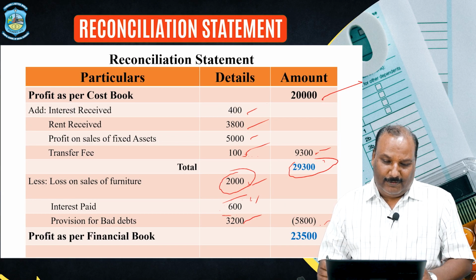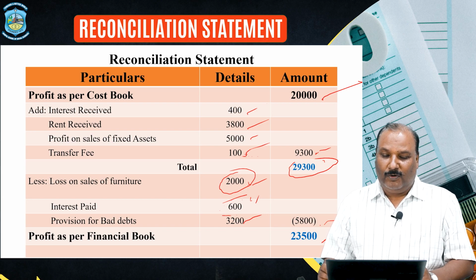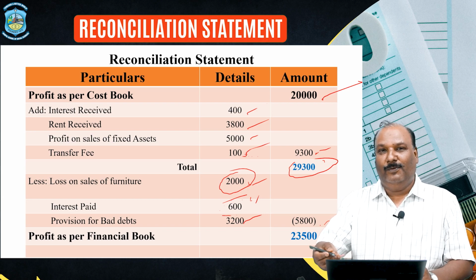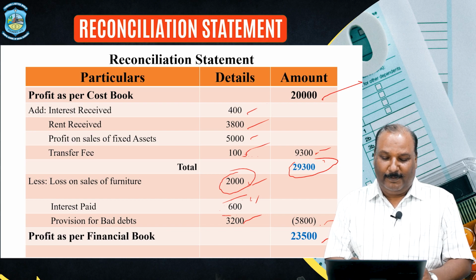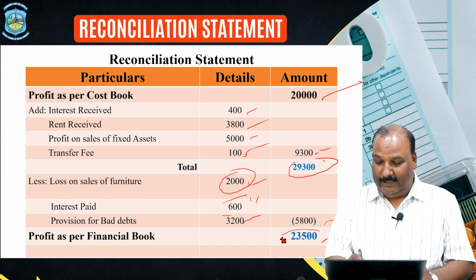Since I started this question with profit as per cost book, I have to reach up to profit as per financial book. That is our answer as per the question.